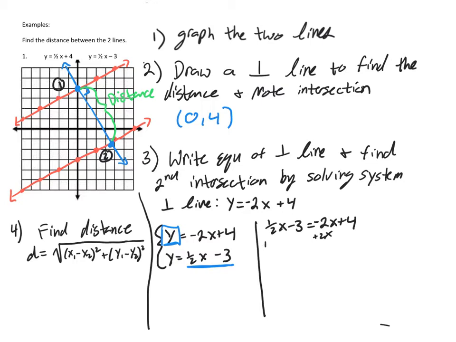We're going to add 2x to both sides. We're going to make sure we're leaving everything as fractions while we're working through this. We want to be very careful about not rounding in the middle of our problem because it's going to create quite a large rounding error at the end if we do. So we should have 5/2 x minus 3 equals 4.